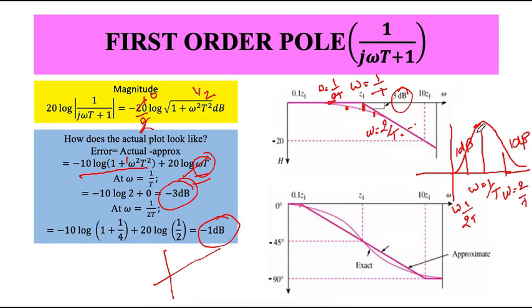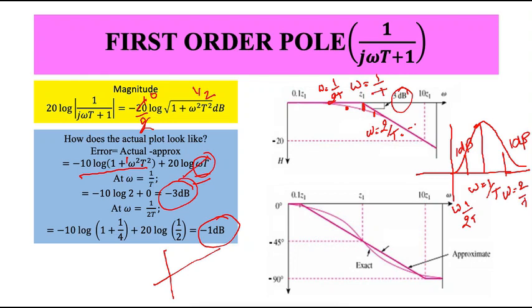So this is the error graph for this curve. Now what about the phase here? We keep doing this for omega equals t, 2t, and so on, just compute this error. This is a straightforward procedure.